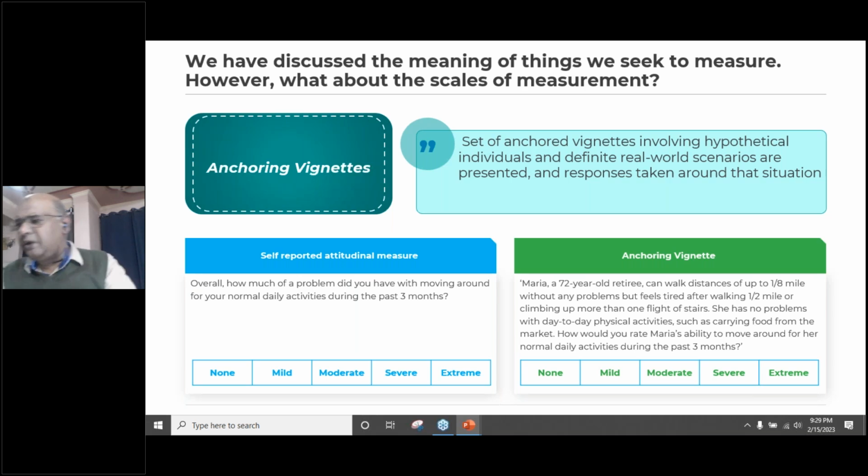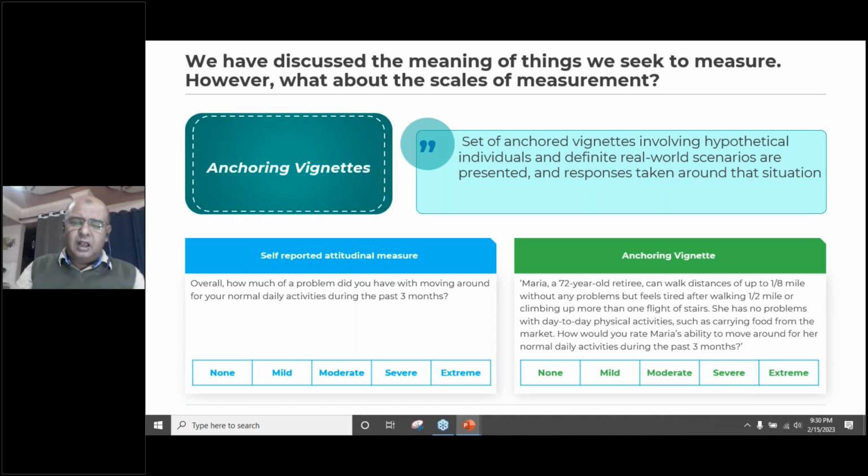The example here is, of course, for mobility or the lack of it, as compared to some other cultural group. So the way to deal with this is, to be able to use the self-reported measures as a real indicator of health, to also use hypothetical situations involving hypothetical individuals.